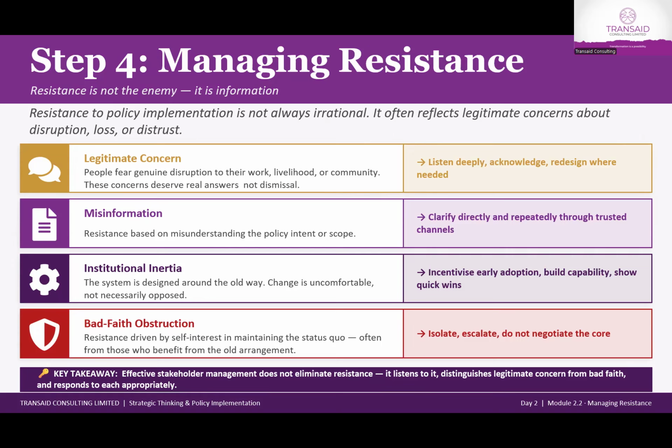You can tweak one or two things to still achieve what you want to achieve. So the key takeaway here is that effective stakeholder management does not eliminate resistance. It listens to it, distinguishes legitimate concern from bad faith, and responds to each appropriately.